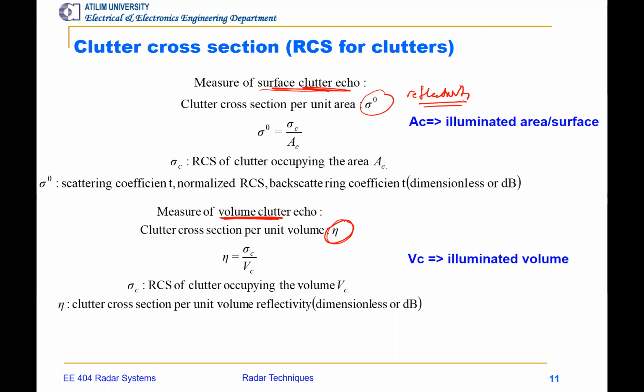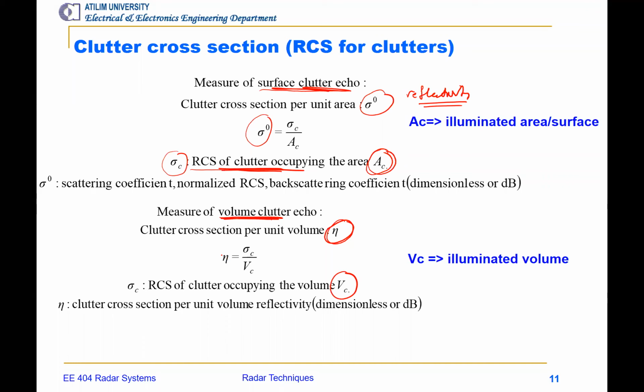And usually we use RCS of the object in a specific area, typically AC. It's denoted by AC, and or VC as a volume, and divide this RCS by AC to determine this clutter cross section per unit area.